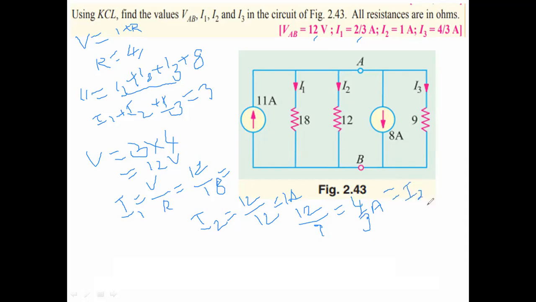So like this we can find out the voltage drop across and the different currents I1, I2 by using KCL, the KCL law. Okay, I think you understand these concepts.